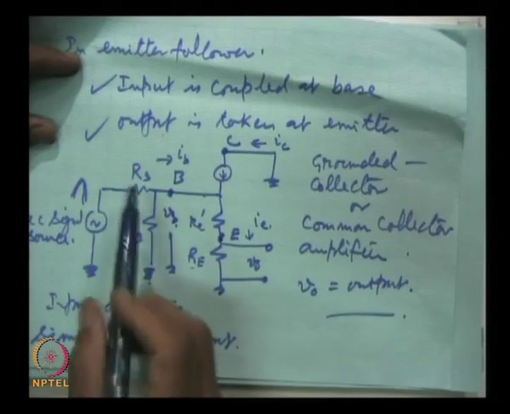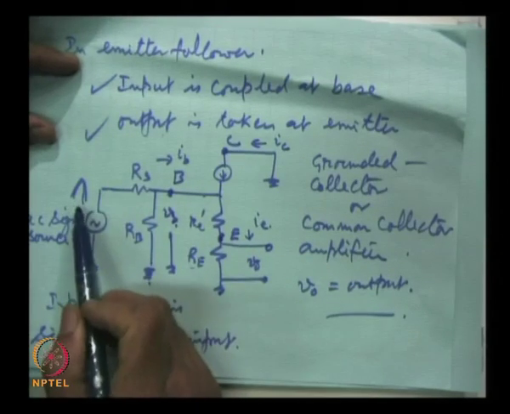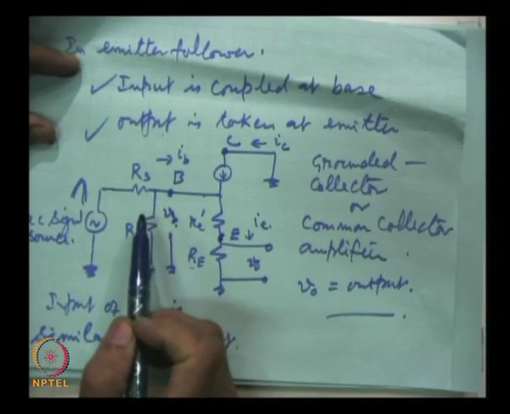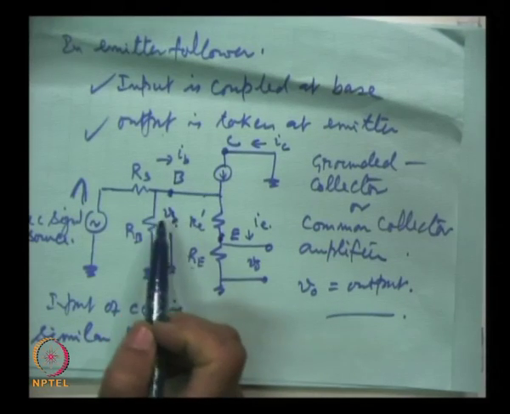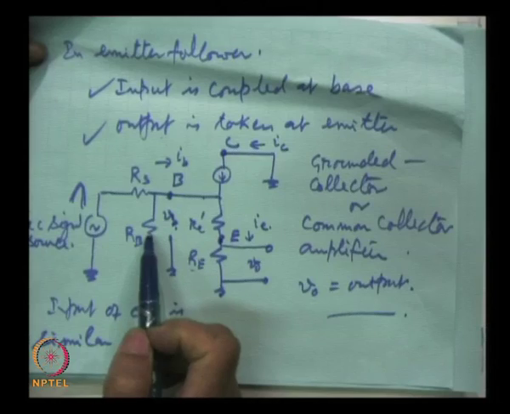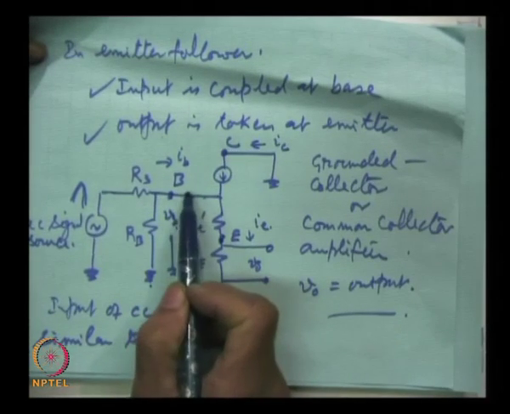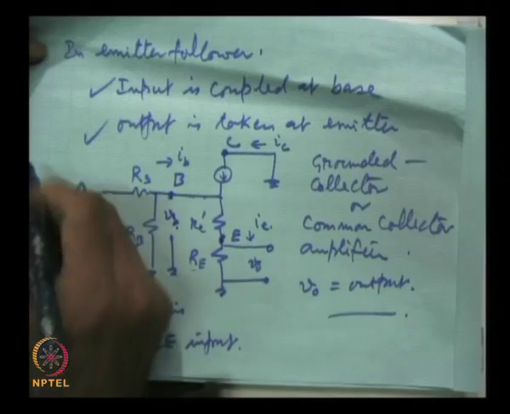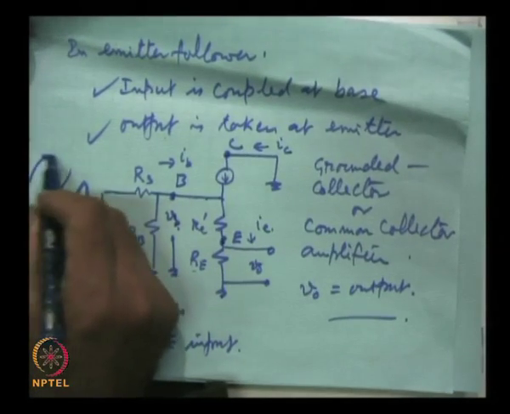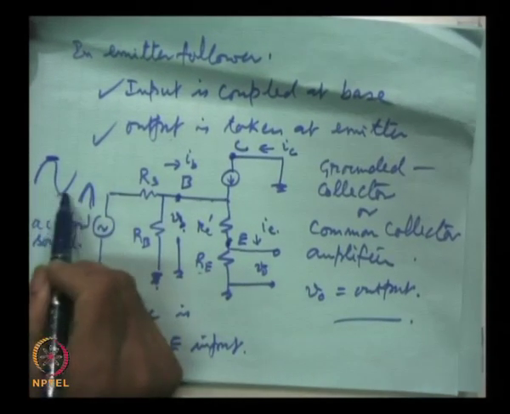I repeat, this AC signal is superimposed on the Q point, the DC currents and voltages. So, the net base current will be highest when the AC signal is here, and it will be least when it is here.